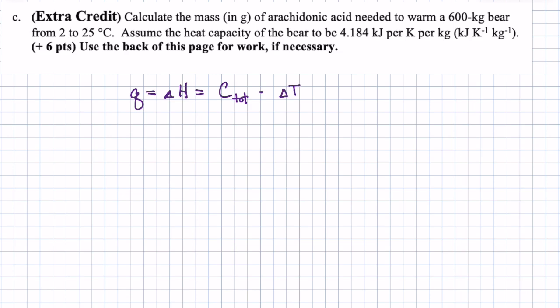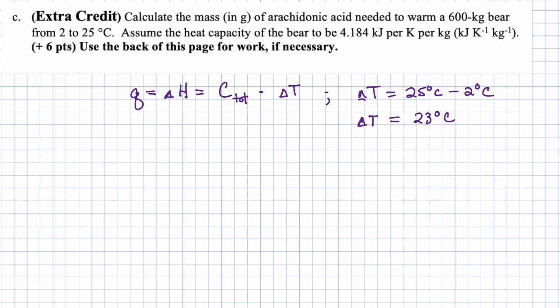Well, the change in temperature, easily enough, is 25 degrees minus 2 degrees Celsius. So that's 23 degrees Celsius, which when we are talking about temperature changes, the change in temperature in degrees Celsius is actually the same as the change in temperature in kelvins.